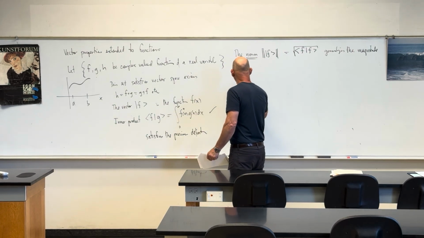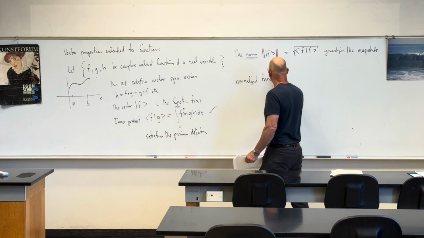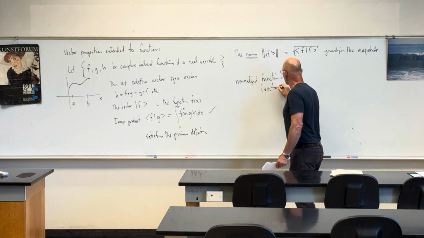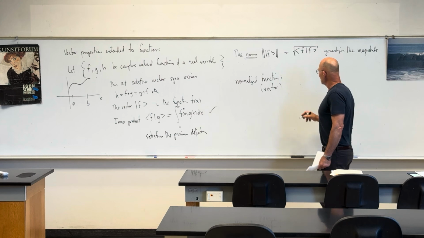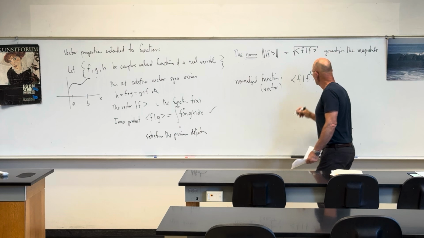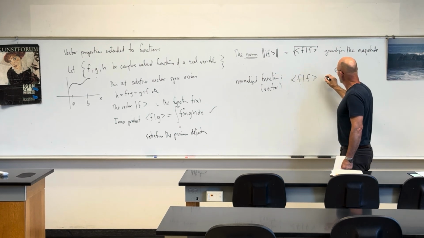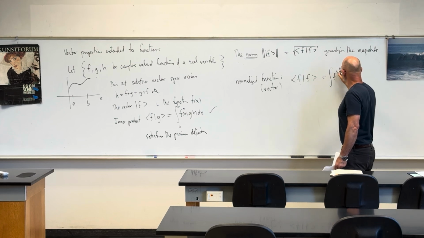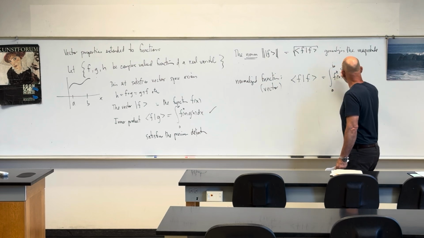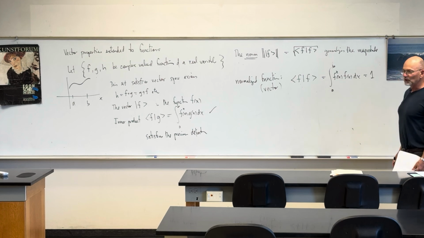So a normalized function, or normalized vector, is just if you take f with itself, the scalar product, so that's the norm squared, and you set it equal to 1. So the integral of f star of x, f of x dx, a to b equals 1. Then you've got a unit vector.